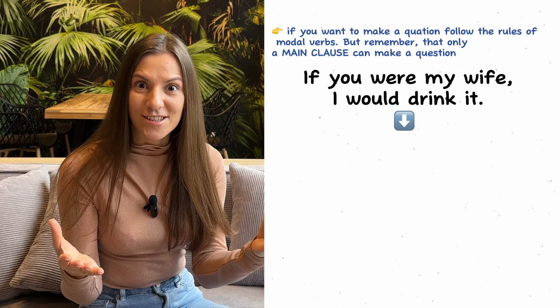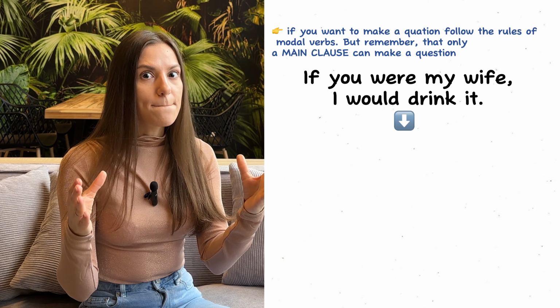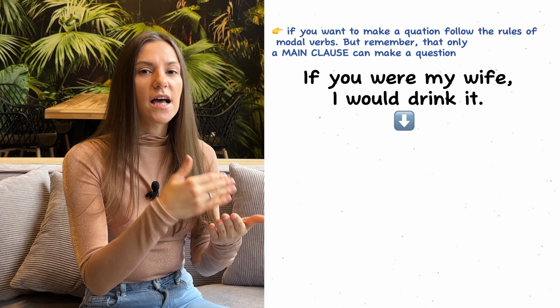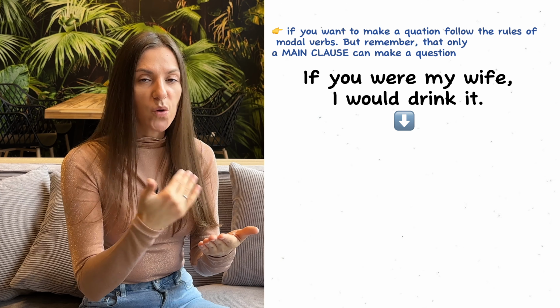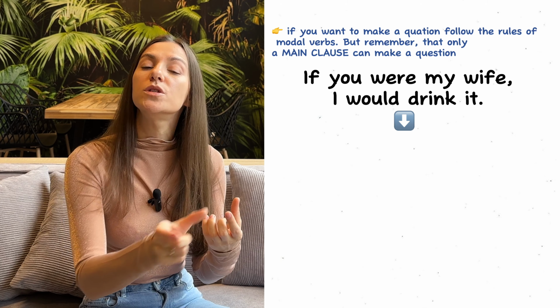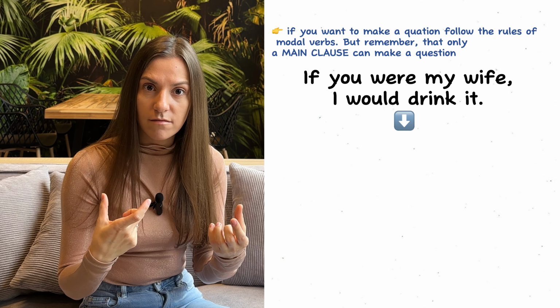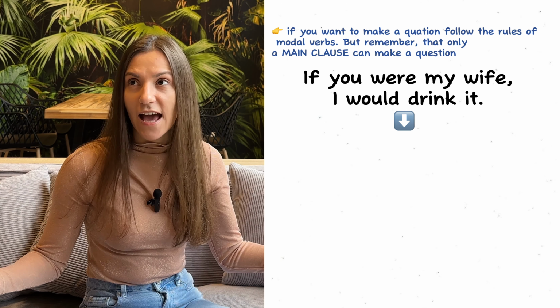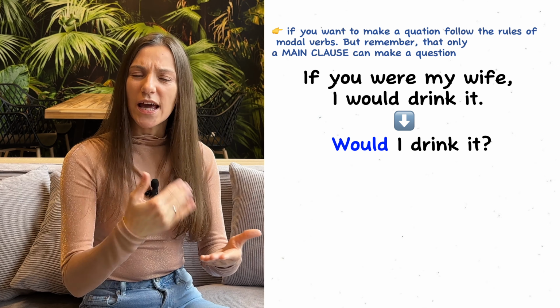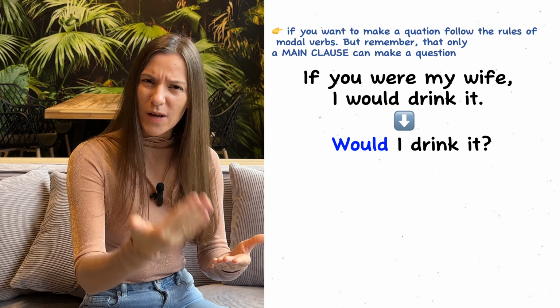So you look at would or might. Let's make a general question. So we take a main clause, that is, I would drink it, and we simply put would in front of I and leave drink it as is. And we get, would I drink it?